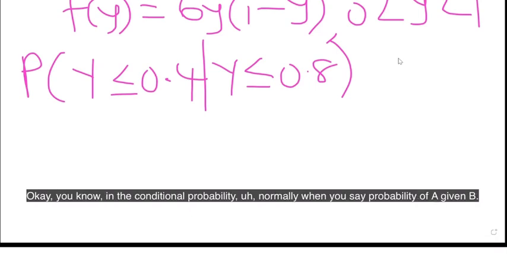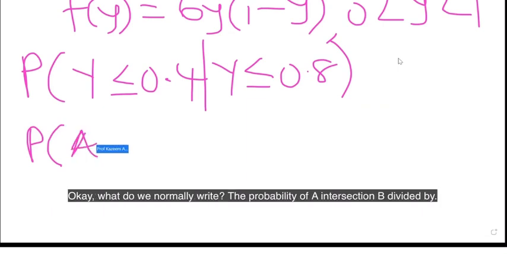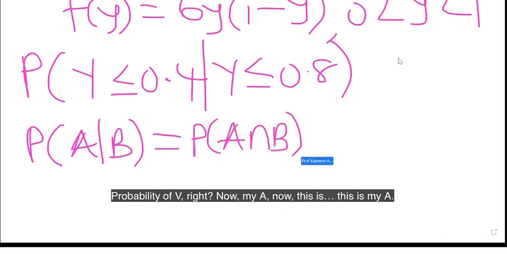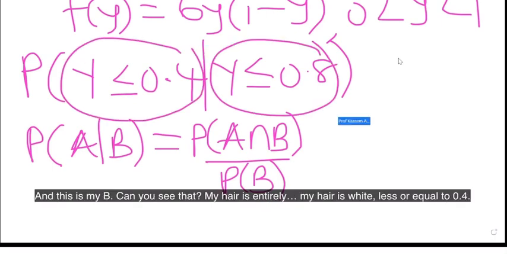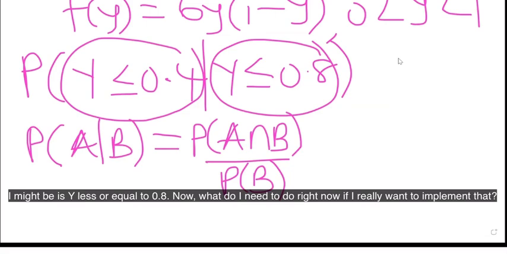In conditional probability, when you say the probability of A given B, what do we normally write? The probability of A intersection B divided by the probability of B, right? Now this is my A and this is my B. Can you see that? My A is y less than or equal to 0.4 and my B is y less than or equal to 0.8.